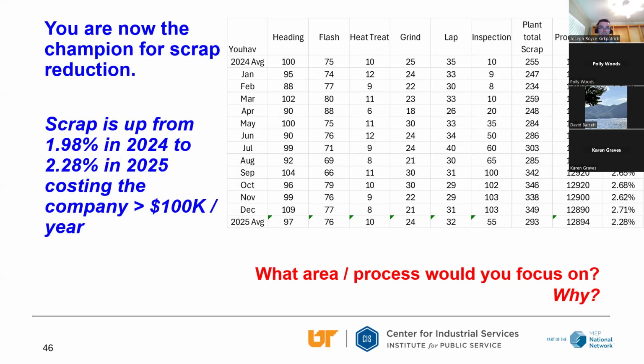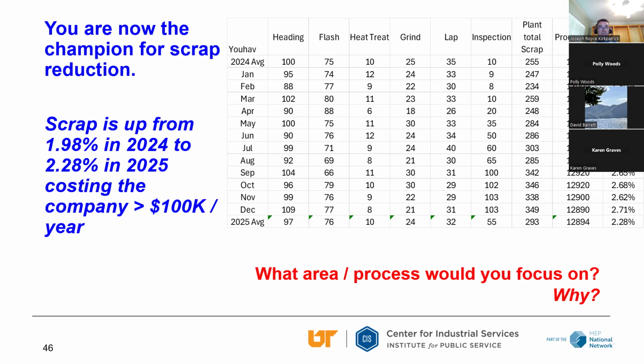In the heading. And why in the heading? This is lessons learned. There's no right or wrong answer, but why would you go to heading? I see why. In December, it went up. So we might want to look at heading. It did go up 10 pounds from November to December. So yeah, we might want to look at that month.